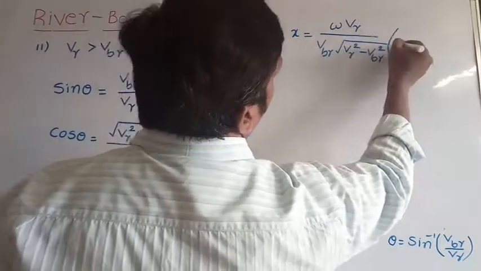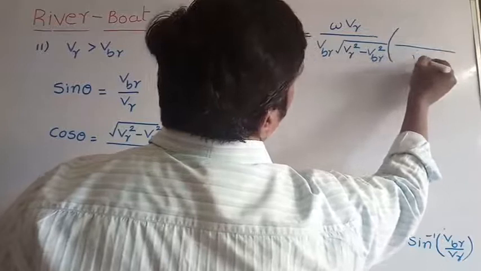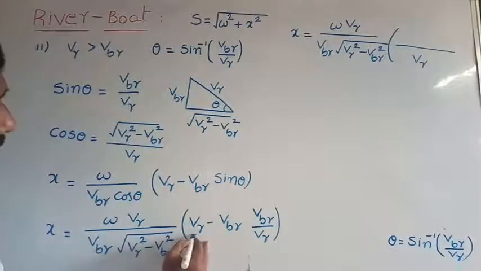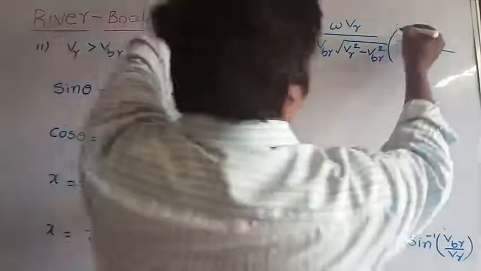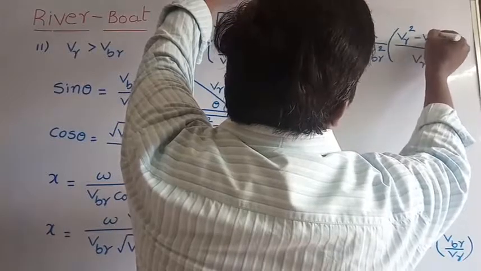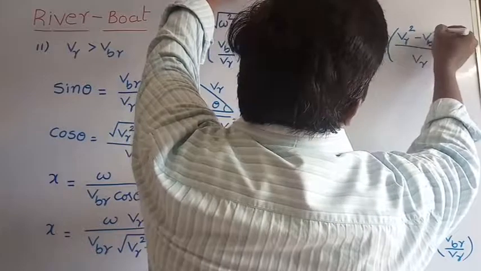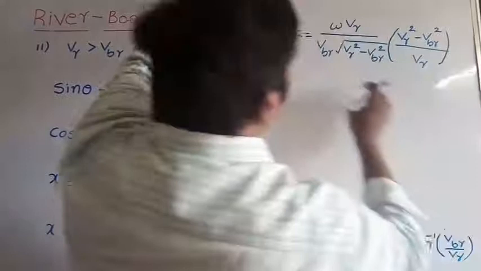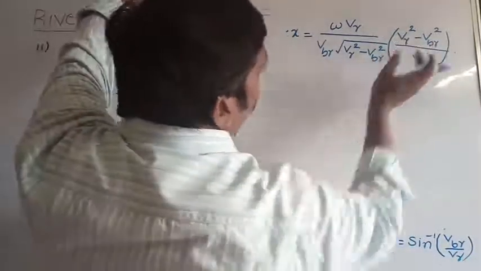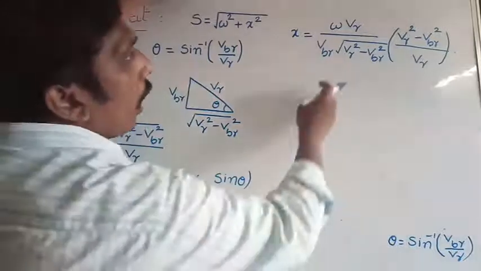Here you take LCM, VR is the LCM in this condition. So here nothing is there, 1. So VR cancel out in VR times. VR into VR, we will get VR square minus VBR square will come. Now here VR both get cancelled. So here VR square minus VBR square is there, but here root is there.